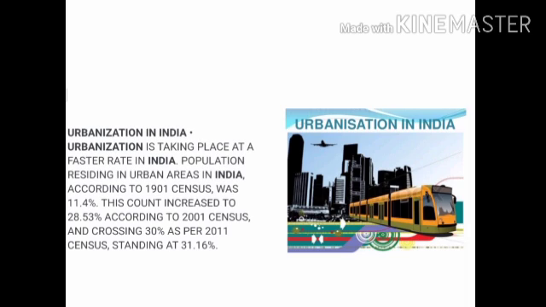The population residing in urban areas in India, according to the 1901 census, was 11.4%. This count increased to 28.53% according to the 2001 census, crossing 30%.